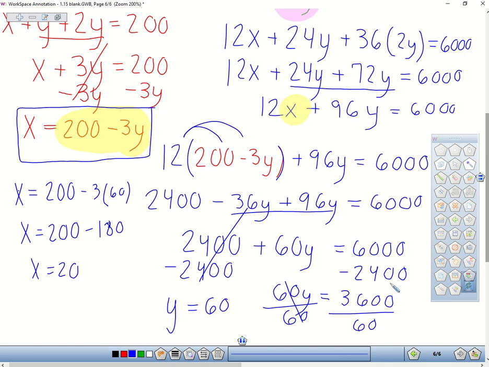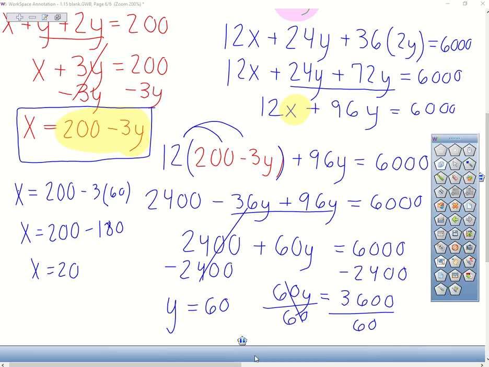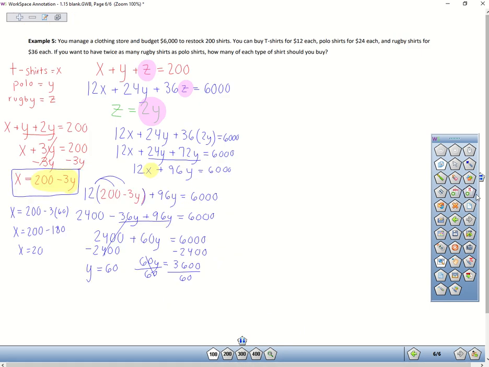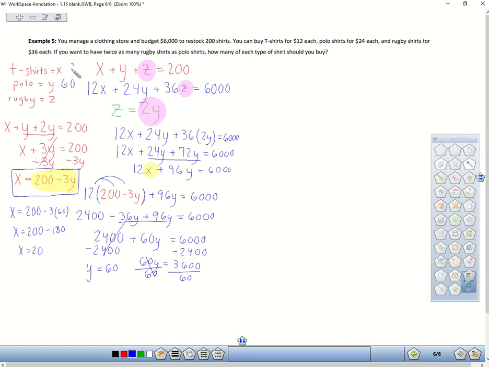So take a second to get this down if you need to, and then I'll scroll back up. Actually, I can zoom it out because I got to get back to the top. So basically, so far we know we need 60 polo shirts and we need 20 t-shirts. So to find rugby shirts, you have a few options.